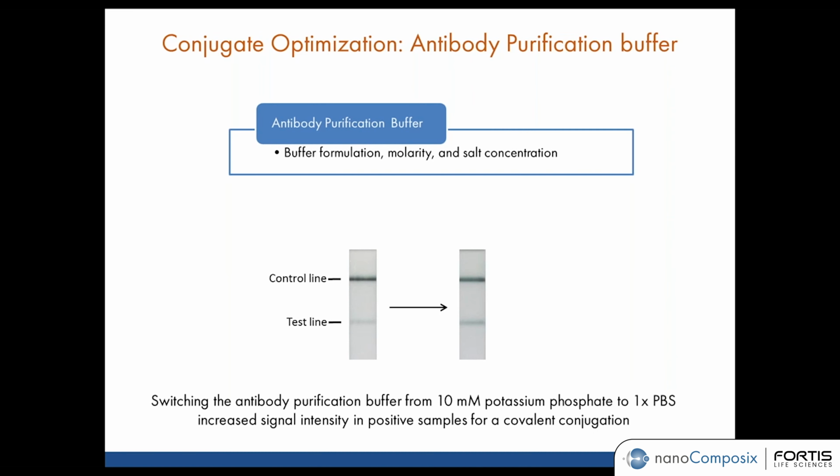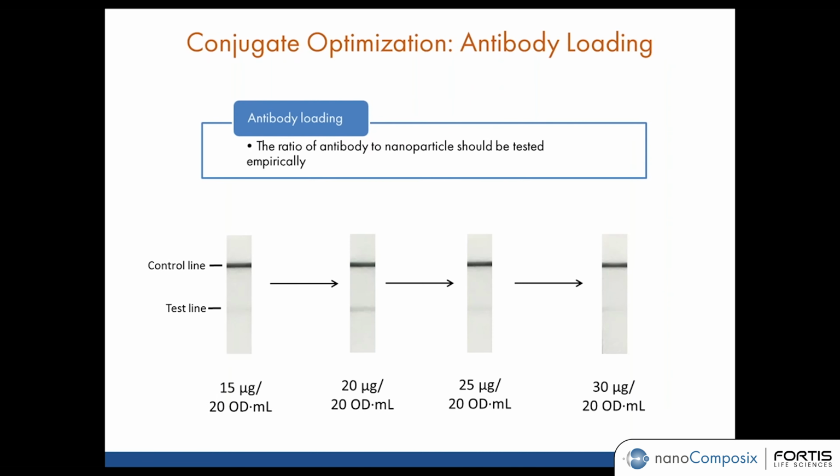Notably, tris buffer or anything with sodium azide as a preservative are not compatible with EDC sulfo NHS conjugation. Antibodies provided with interfering substances can easily be purified with spin filters or by dialysis. Always refer to the antibody certificate of analysis to help select buffer formulations and pH and to ensure proper storage and handling of your antibody.